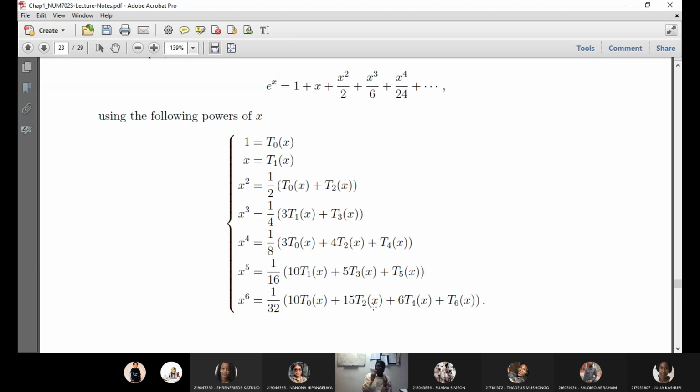But don't forget that if I use x^7, we will have terms in T0, T1, T2, up to T7. You see that in that T7, T6 will appear. I mean, in x^7, all these T will appear also.